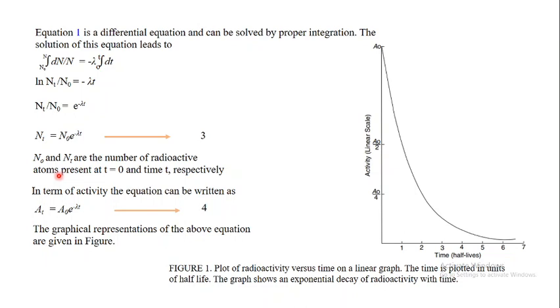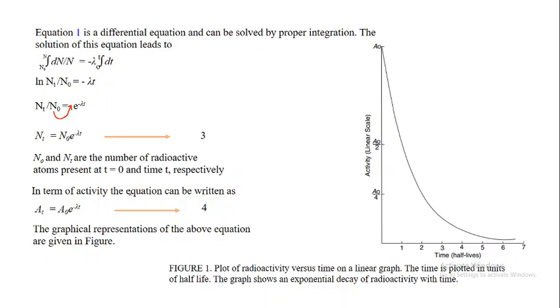Taking this value to the other side, Nt, the number of radionuclides at time t, is equal to the initial number of radionuclides N naught times e raised to minus lambda t. This is equation 3. N naught and Nt are the number of radioactive atoms present at time 0 and time t respectively.